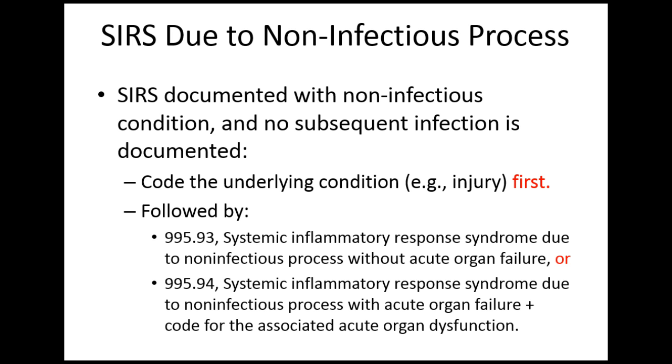SIRS can develop as a result of certain non-infectious disease processes, again, such as trauma, a malignant neoplasm, or pancreatitis. So when SIRS is documented with a non-infectious condition and no subsequent infection is documented, you will code first the underlying condition, followed by the appropriate code, either 995.93 or 995.94.